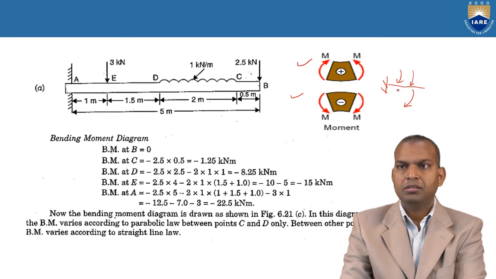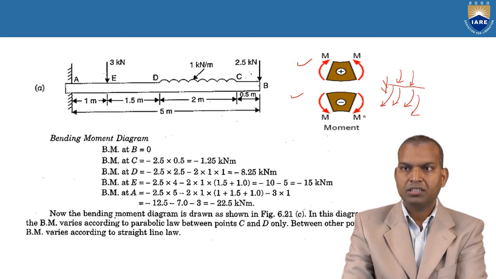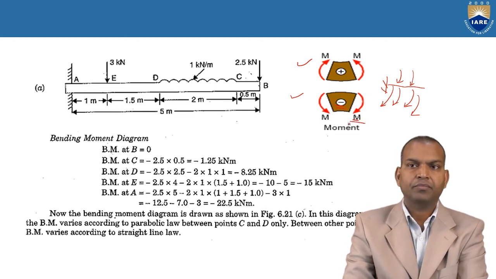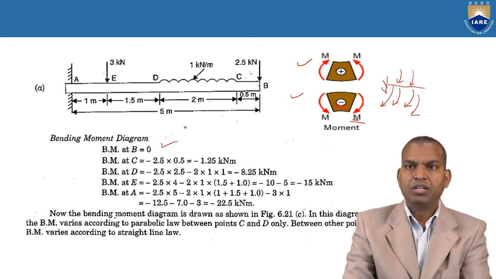That means the bending moment is in the downward direction, so it comes out as a negative bending moment in a cantilever beam. So negative values will come. What is it at point B? Bending moment at point B is 0. And what is the bending moment at point C? The force is 2.5. What is the distance? Moment distance.